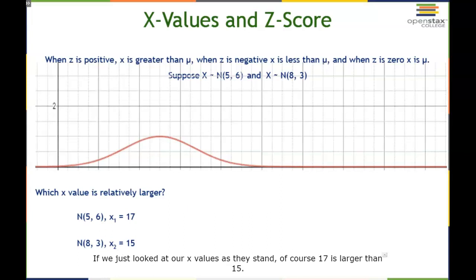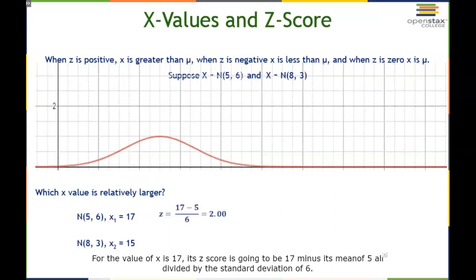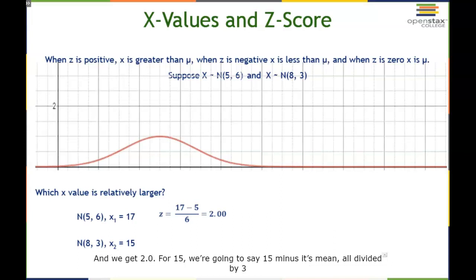And if we just looked at our x values as they stand, of course, 17 is larger than 15, but we want to know which is relatively larger to its own distribution. And to do that, we need to calculate the z-scores for each one. For x equals 17, its z-score is going to be 17 minus its mean of 5, all divided by its standard deviation of 6, and we get 2.00.